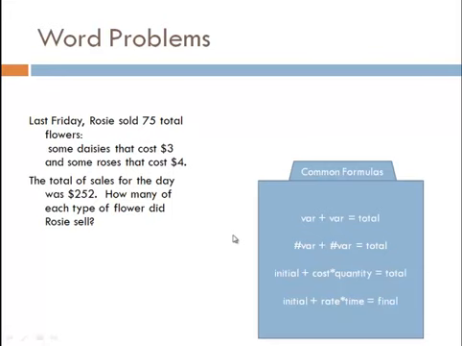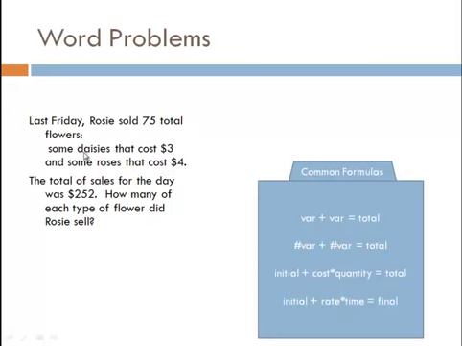So now reading through some of the details, it says that Rosie sold 75 total flowers. That suggests I'm going to use this variable plus variable equals 75 at some point. And the types of flowers here, that's what I was really getting into. Daisies cost $3 each. Roses cost $4 each. And so those are our two different types of flowers.